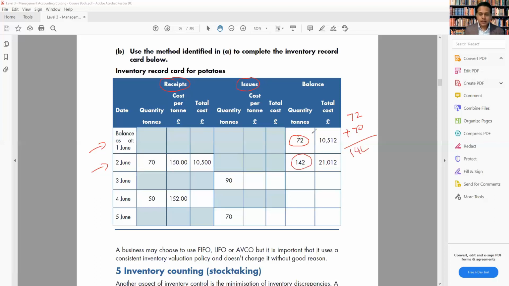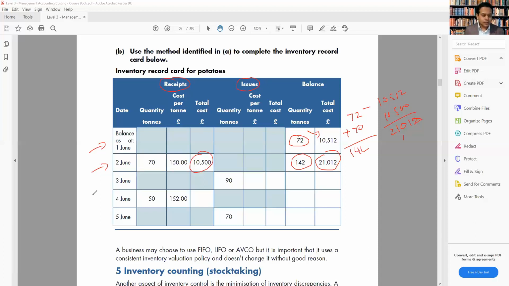The value for the 72 was 10,512, and for the new 70 we purchased, the value is 10,500. So that gives me a total value of the material of 21,012.